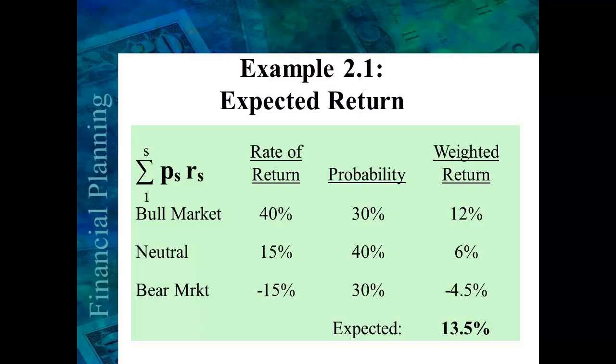Minus 15% times 30% equals minus 4.5%. The expected return of all expected outcomes is 13.5%, i.e., 12% plus 6% minus 4.5%.